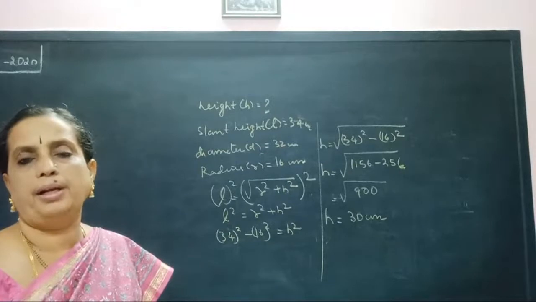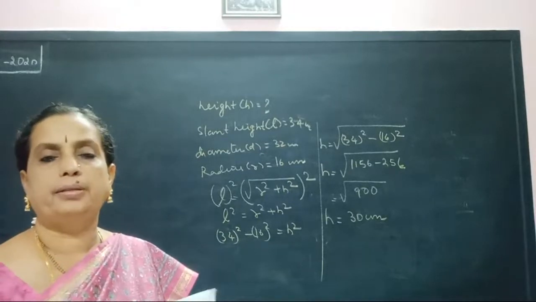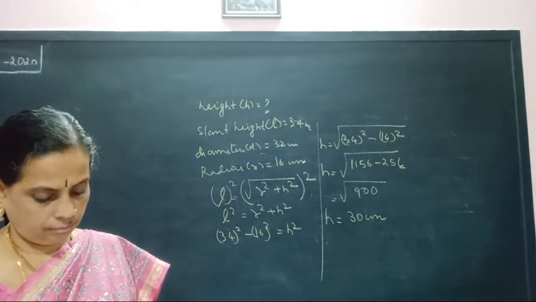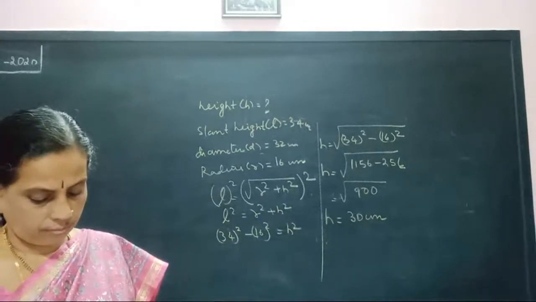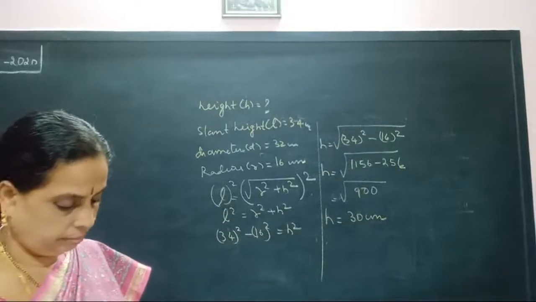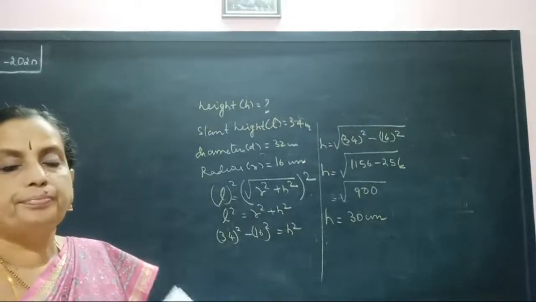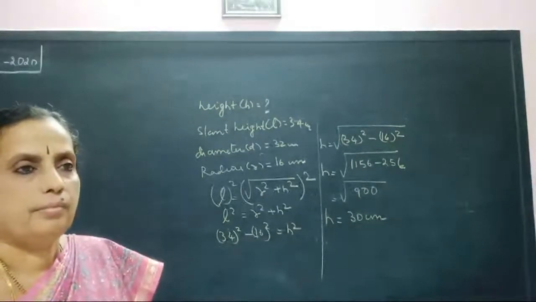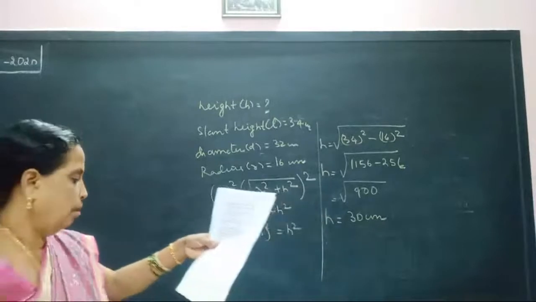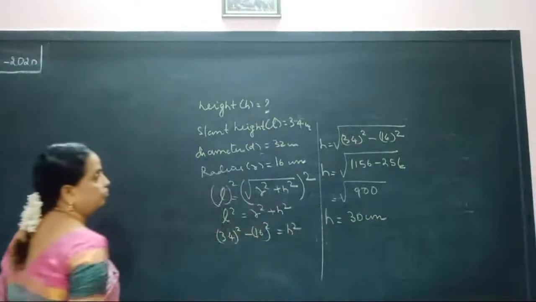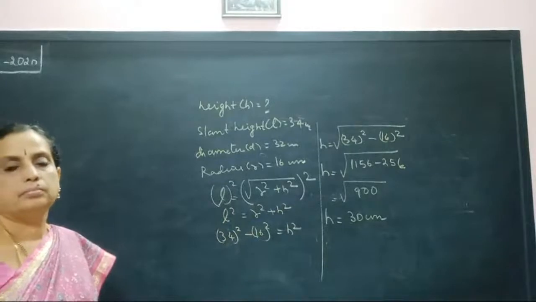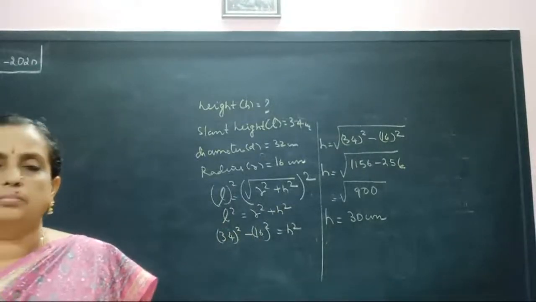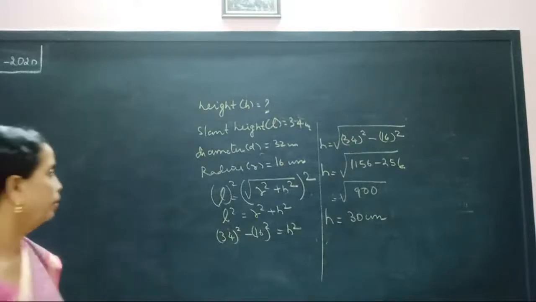Root 900 is 30 centimeter. Clear? Is that clear? Next.